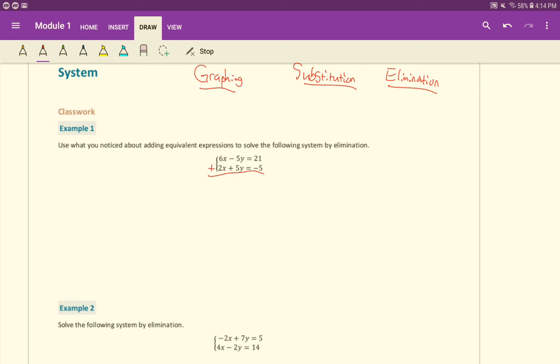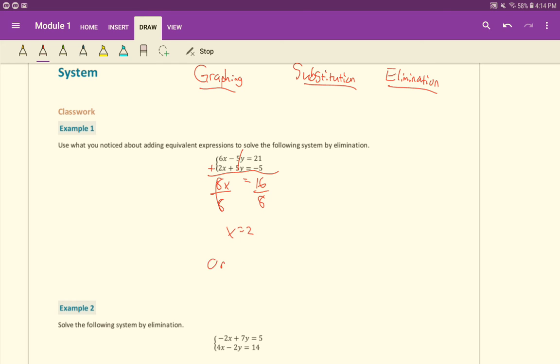So we'll add these two equations together here. 6 plus 2 makes 8. -5 plus 5 cancels. And then we have 21 plus -5, which is going to be 16. Wow, look at that. What do we need to do now to solve? There's no y here, so we can just solve for x. Divide both sides by 8. And x is 2.